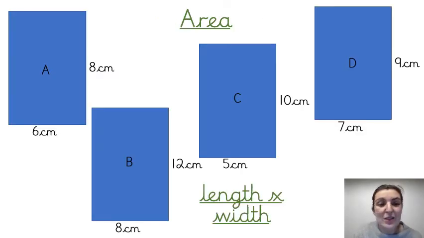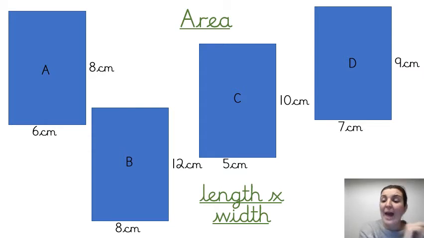Right, so on to area then. So I want to just remind ourselves really quickly about area. So remember that area is the inside of a shape, a measurement for the inside of the shape. So to get us going and just to get back into that idea, I want to just do some areas of rectangles.